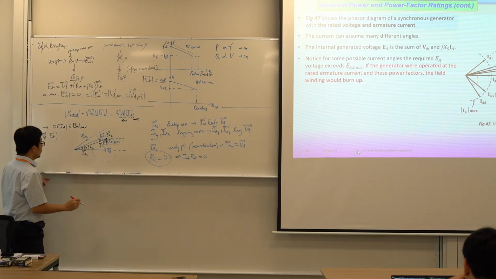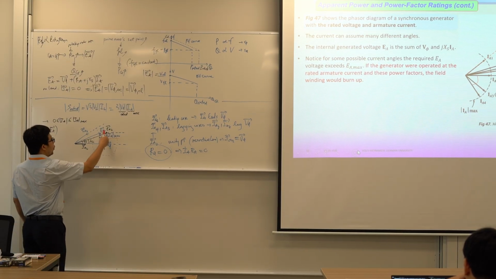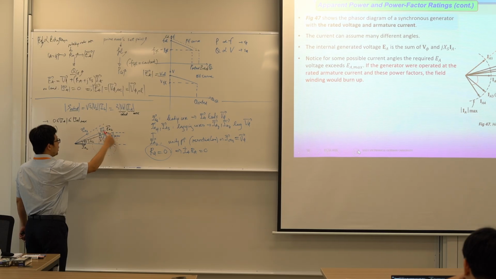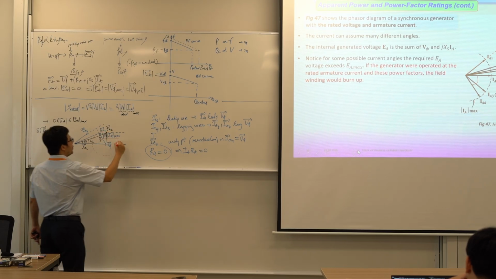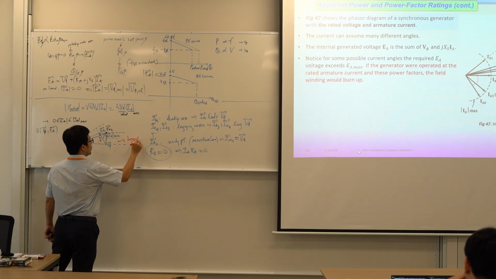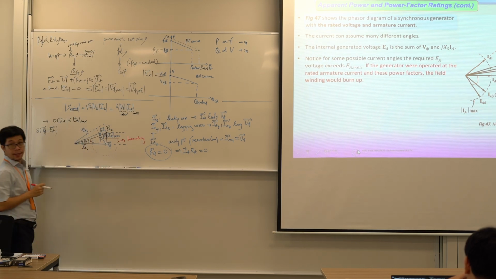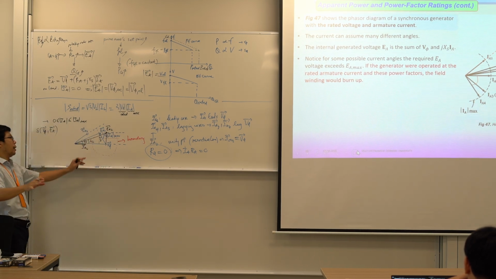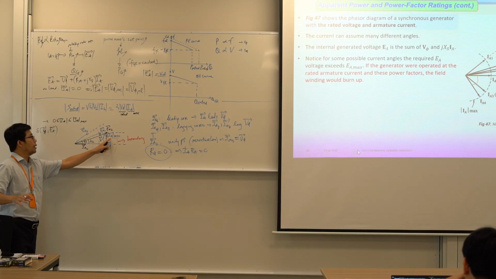And we know EA2 should be here because this is the boundary. It is the boundary set by IA max times XS.